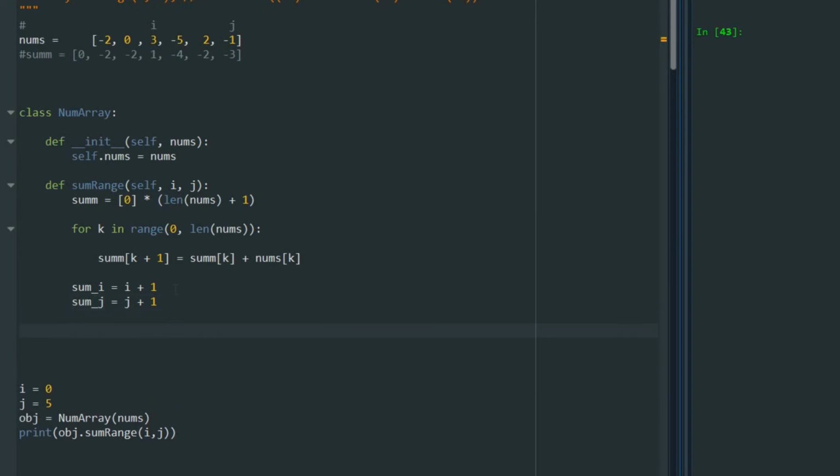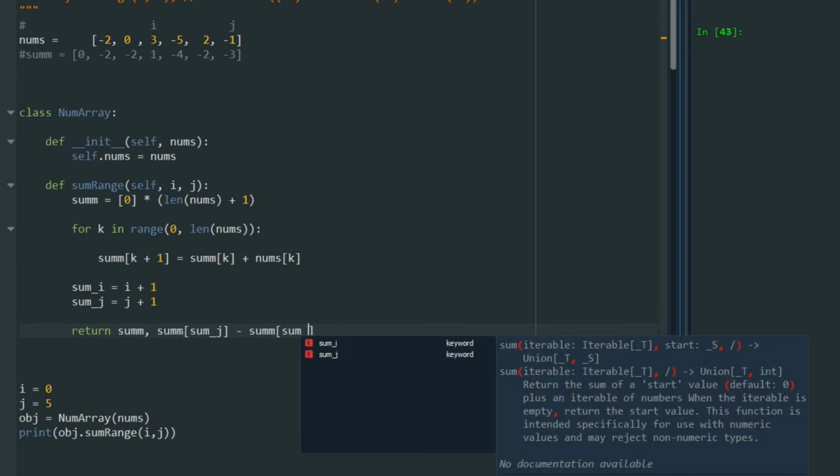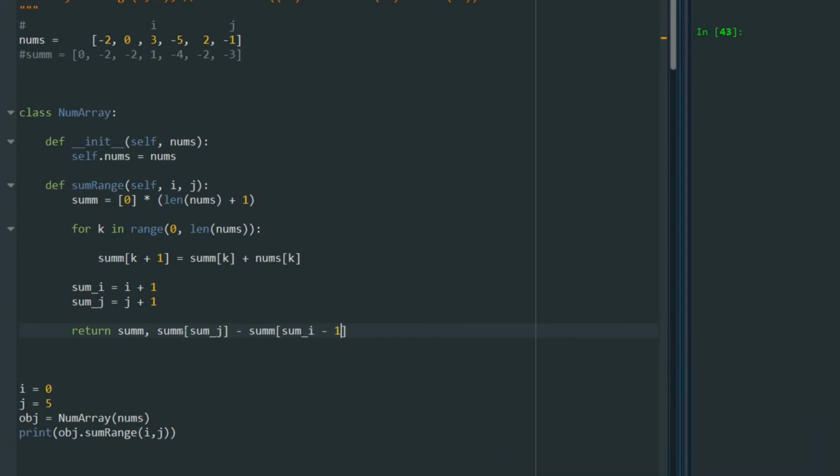And then I'm going to return the summation. We said that summation is value at this point minus the value up to this point. We're going to say that summation at sum j minus sum i minus 1.